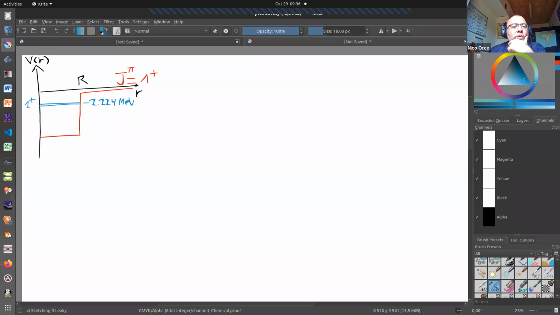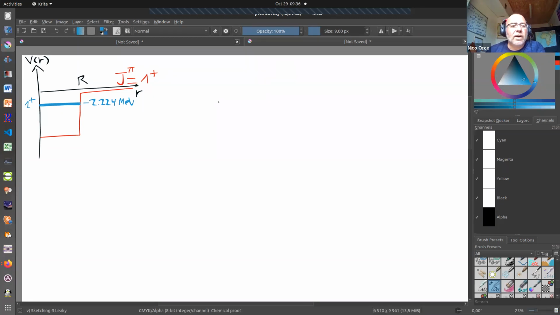So now we want to know more. Remember that the Schrodinger equation is giving us all the information that we may have about the nucleus, about the system, given the limitation of the Heisenberg uncertainty principle.